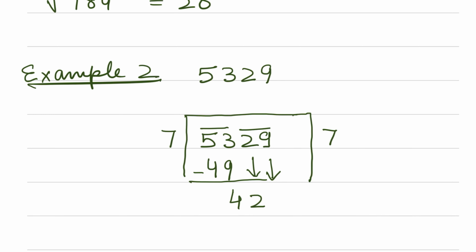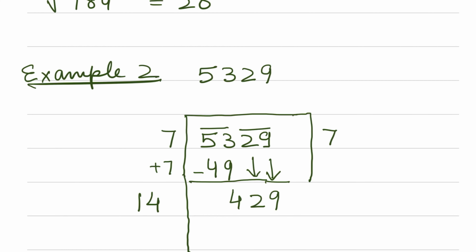So I have 429. Now on the divisor side, as you know, we have to add the same digit here. So this becomes 14 and I have to find out the units digit here, such that if I multiply the whole number with that digit, I should get less than or equal to 429.